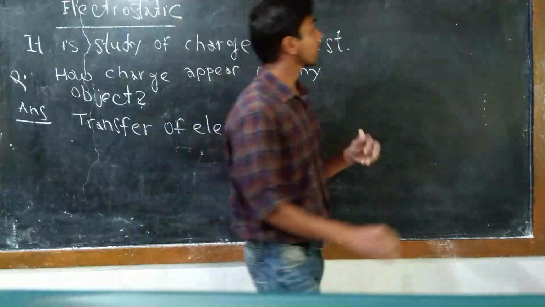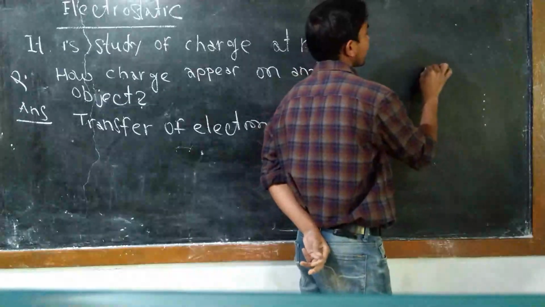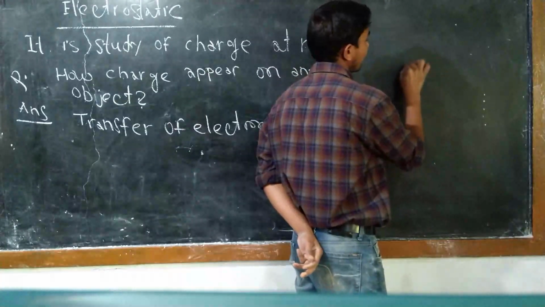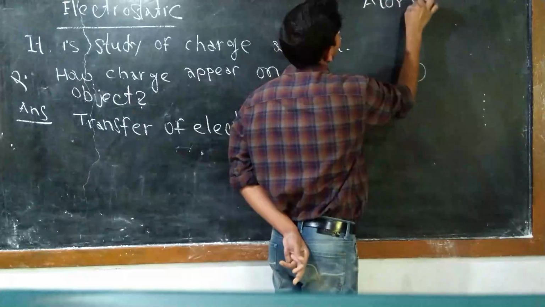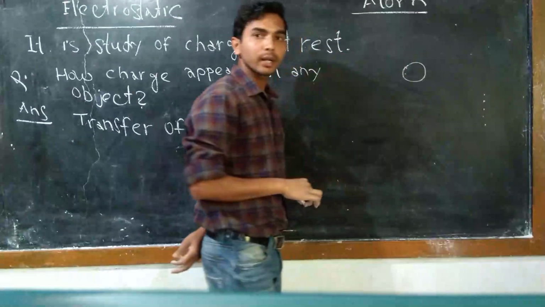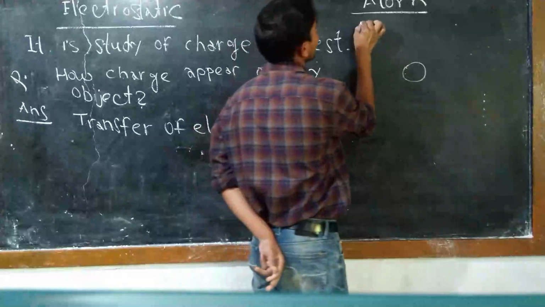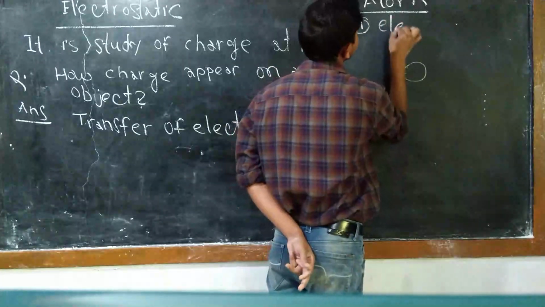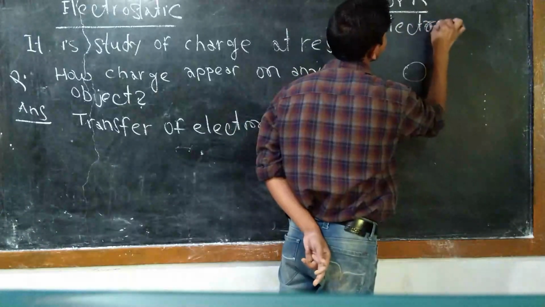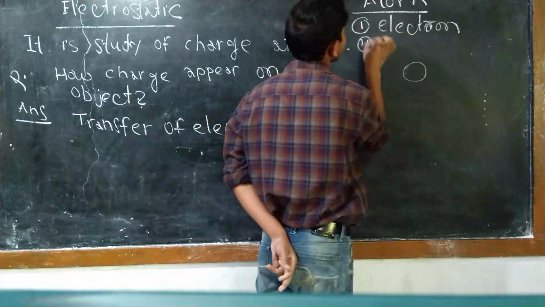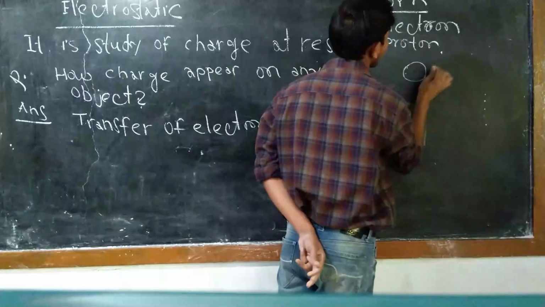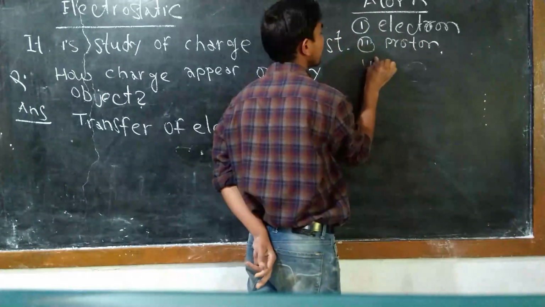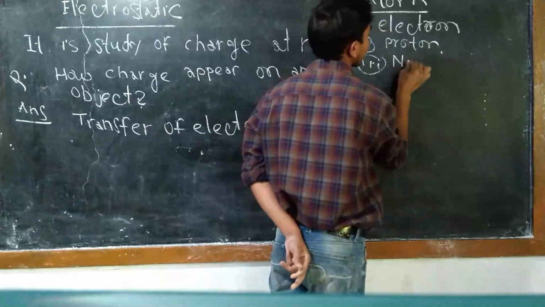Because see, this is our structure of atom. Basically, atom is made up of three particles. First one is electron, second one is proton, and last one is neutron.